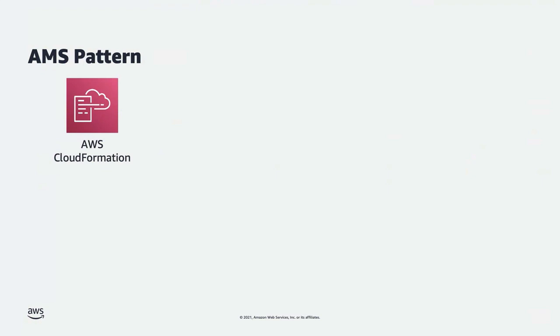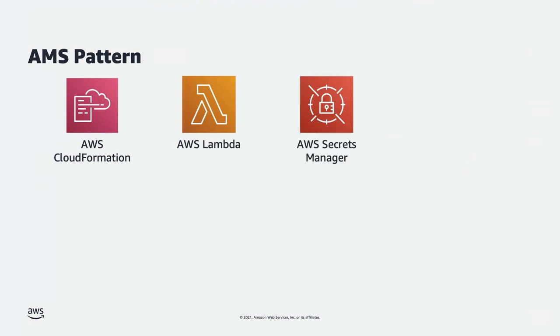Just to give you a brief overview of the AMS pattern, I wanted to go through the elements. The first thing we did was utilize the AWS CloudFormation template. That template would then use a Lambda function to call on AWS Secrets Manager. From there, the secret would be updated in the Amazon RDS database.